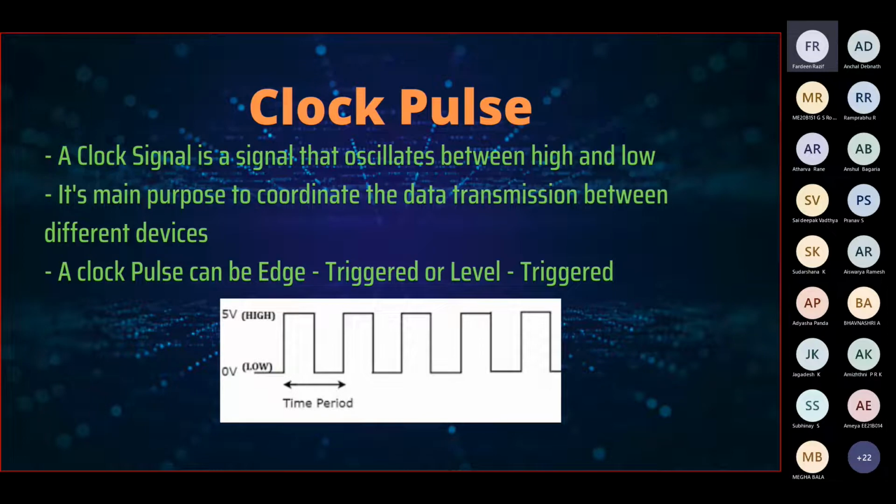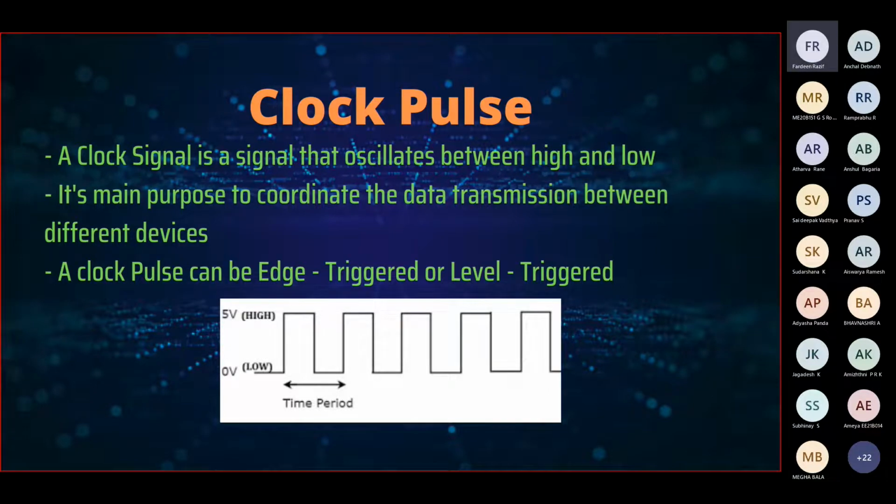So a clock signal is basically a signal that oscillates between high and low, as shown in the diagram. And the main use of this clock pulse is to synchronize the data. Whenever data is transmitted by one device, at the same time the data should be received by the other device. That is the main use case of the clock pulse.